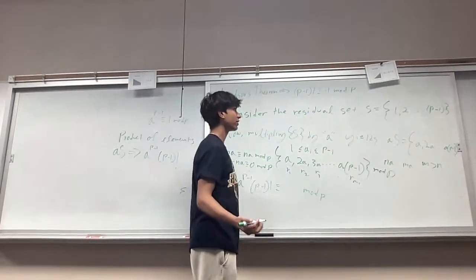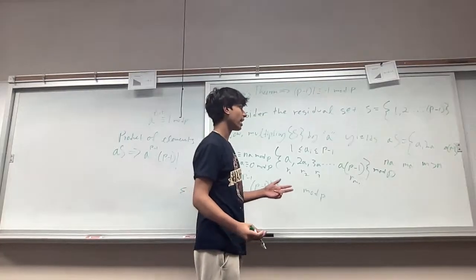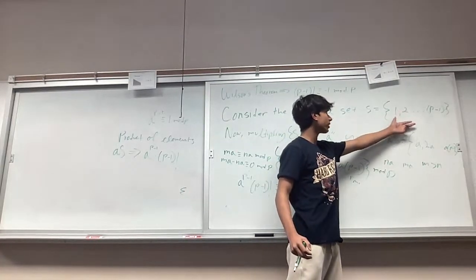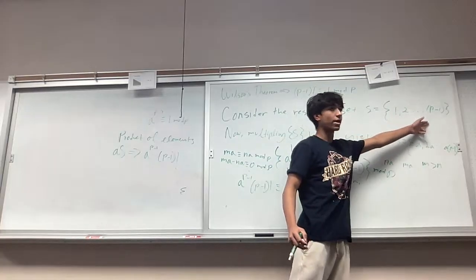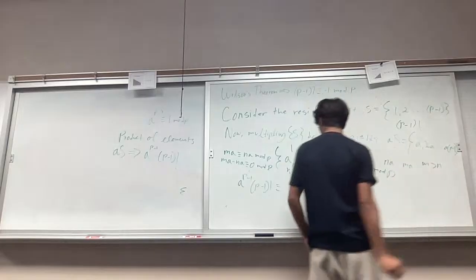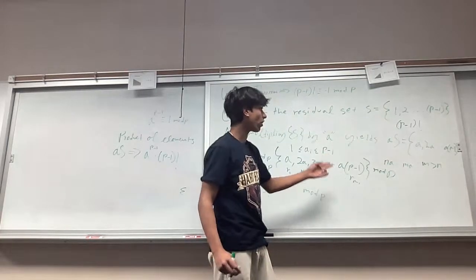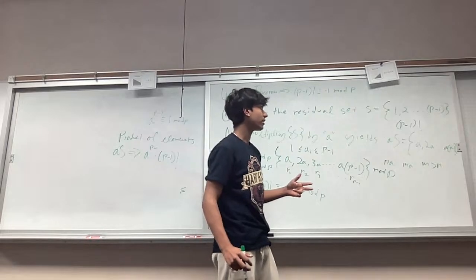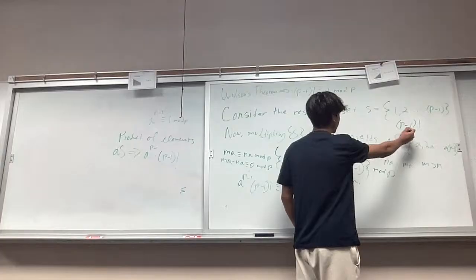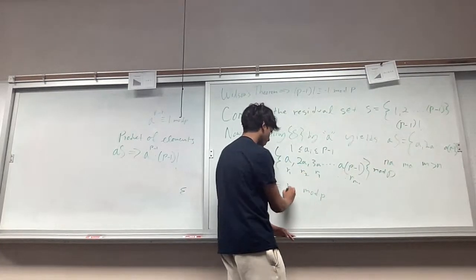So when you multiply them, it's going to be exactly the same as taking the product of these. And what's the product of 1 all the way down to p minus 1? Just p minus 1 factorial. Because this set and this set are congruent mod p, when you multiply this in mod p, you get the same thing, which is p minus 1 factorial.